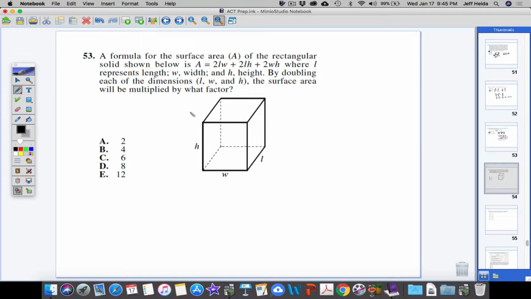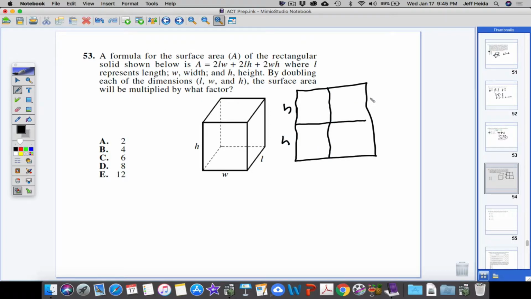Now what happens if you double all of the dimensions? I'm just going to look at what happens to one side, because whatever happens to one side is going to be what happens to each of the sides, so it'll be the same. So if this is h and this is h, that means the whole side is 2h.